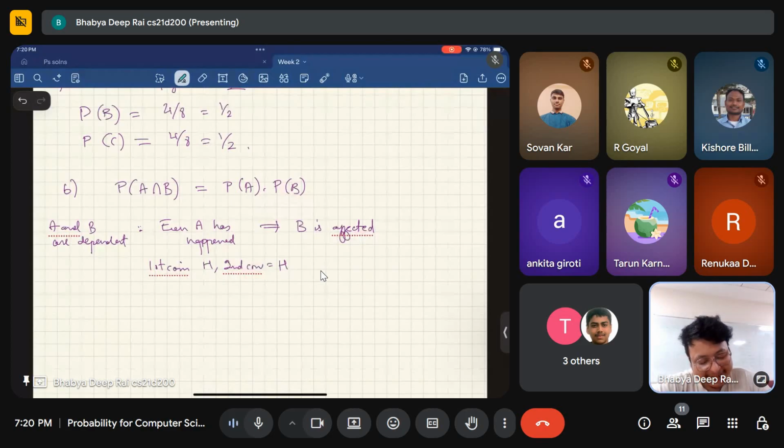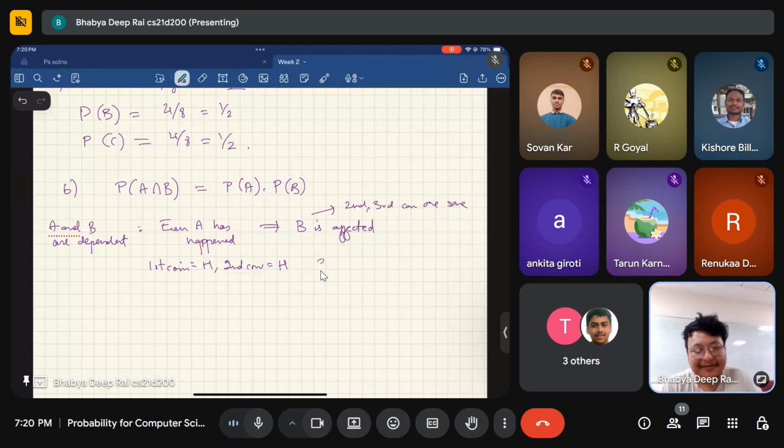So the first coin is heads, the second coin is heads, which is event A, and that has definitely happened. The third coin can be heads or tails.